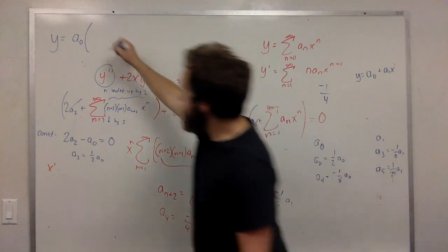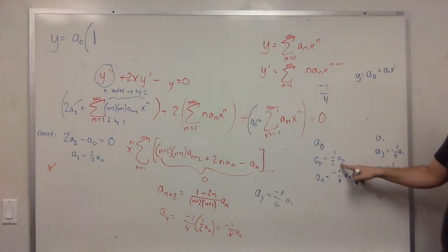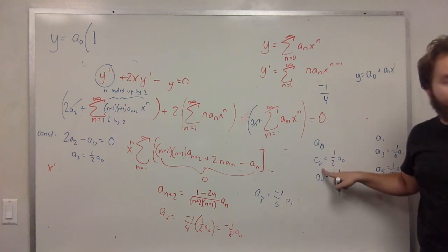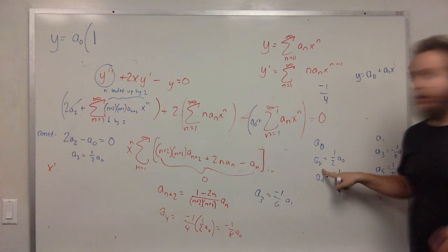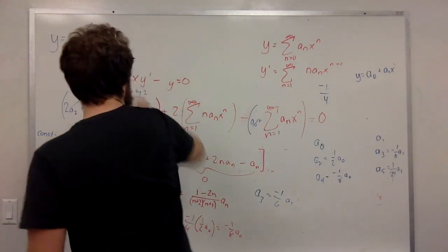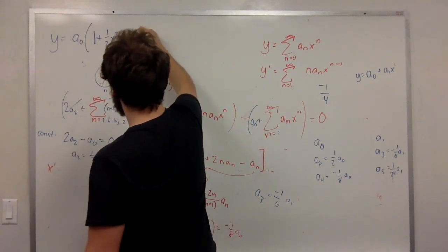Just 1. The next term is going to be, that depends on a naught, is this 1/2 a naught, that belongs to a2. So the a2 term is the coefficient of what? X squared. So I have a 1/2 x squared. What else do I have? I have minus 1/8 a naught, so that's my minus 1/8 x to the 4th.